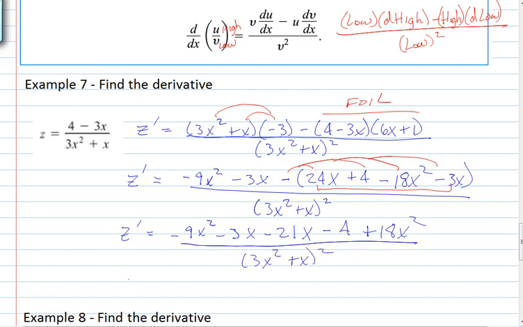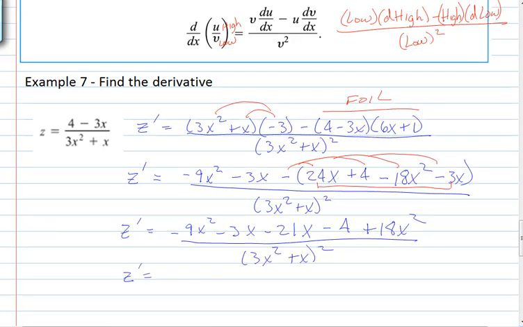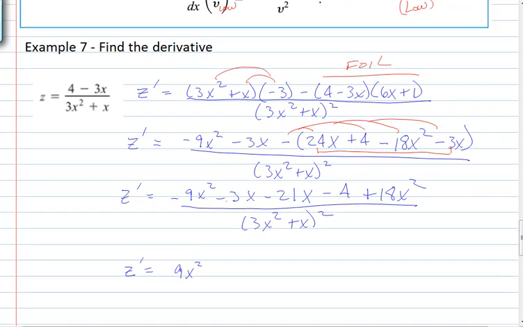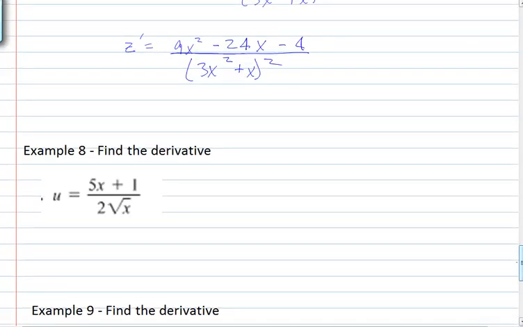Okay, finish cleaning this up. Z prime equals, I got a 9x squared, negative 9 plus 18 is 9x squared, minus 3 minus 21 is minus 24x, minus 4 all over 3x squared plus x quantity squared. There we go.